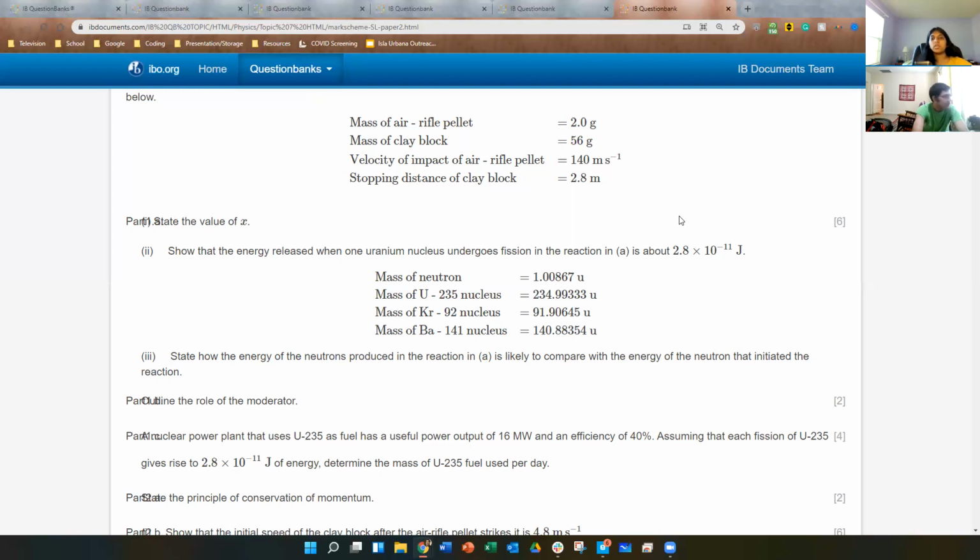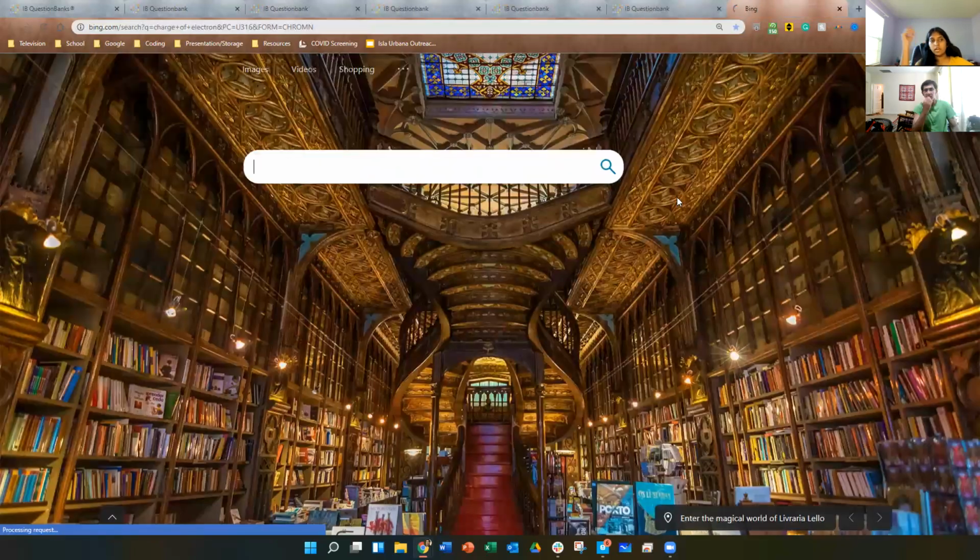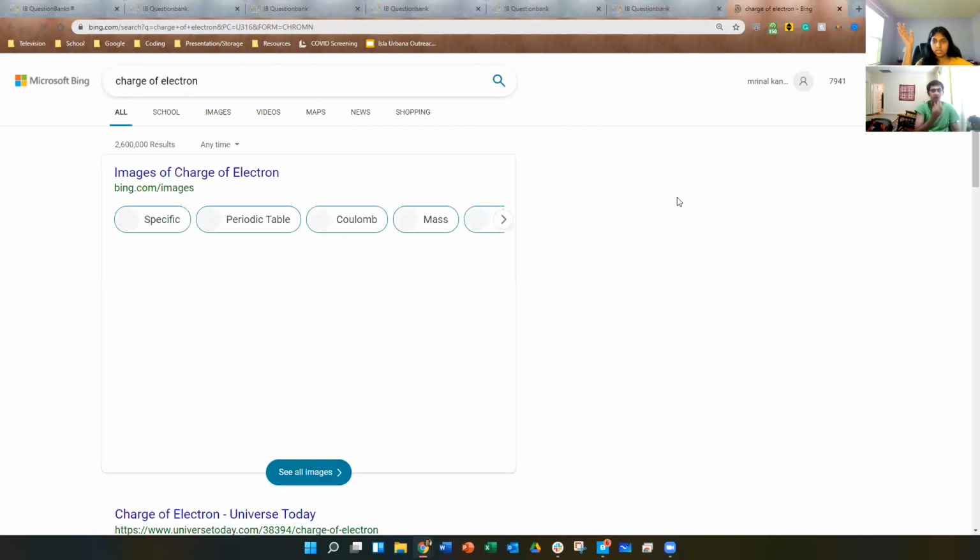Oh my God. What does the data booklet give? It gives you the charge of the electron as 1.6 times whatever many coulombs. But does it give you something like MeV to joules? No, it doesn't give that.